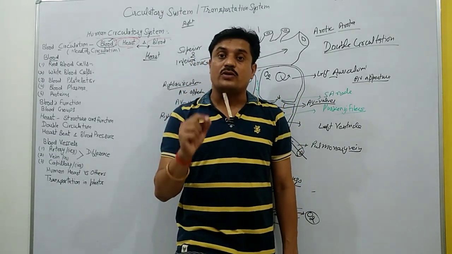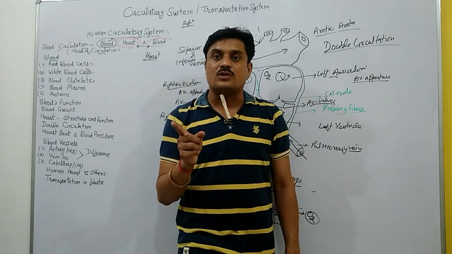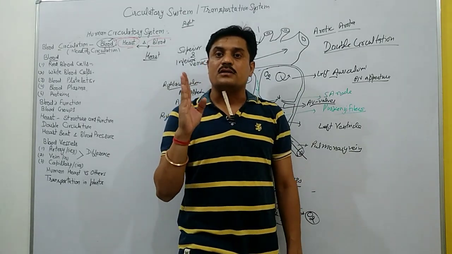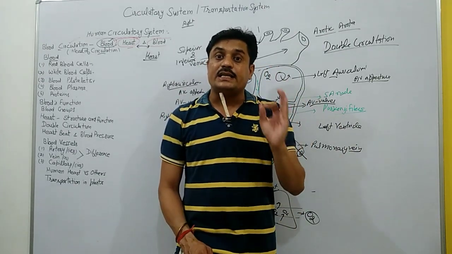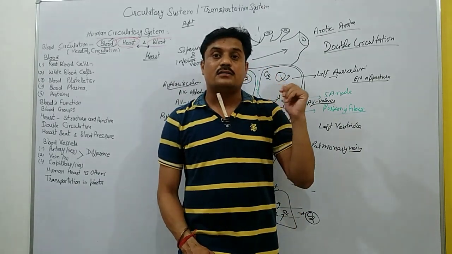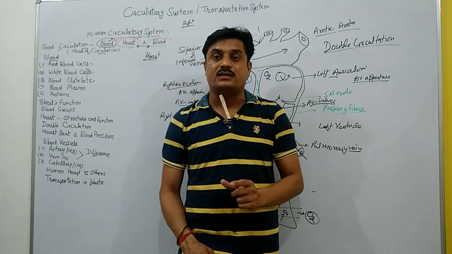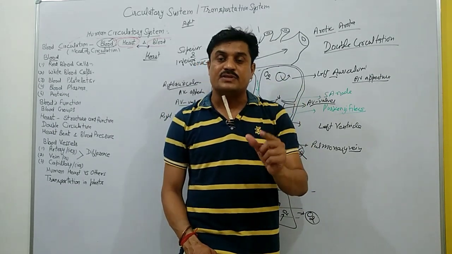So it is for sure the blood containing carbon dioxide does not meet with the blood containing oxygen. It is there, the double circulation is provided in such organisms.